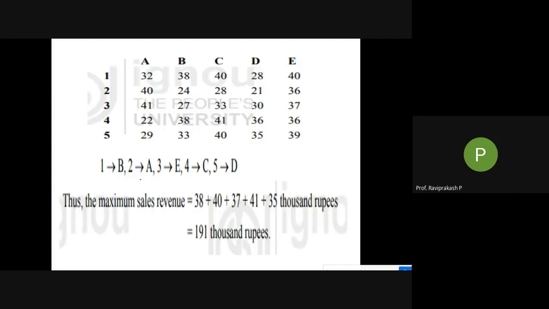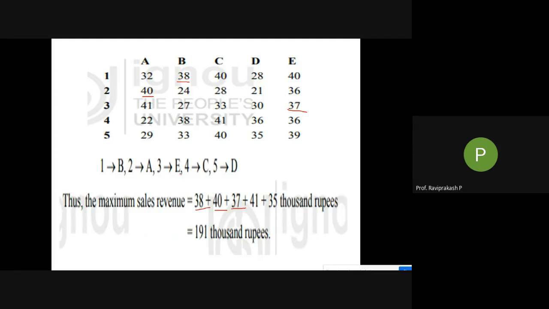Okay, so this is the assignment. So if you want, you can check 1b, that's why I put the original sum also here. 1b, what is 1b? 1b is 38, so 38 is here. 2a, 2a is 40, 40 is here. Then 3e, 3e is 37, 37 is here.